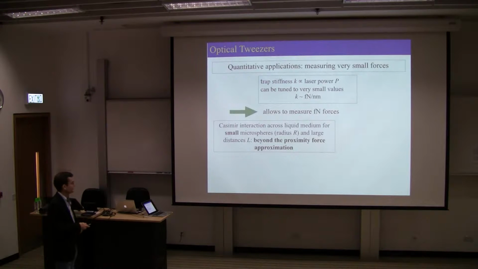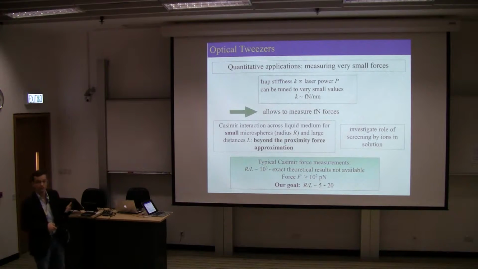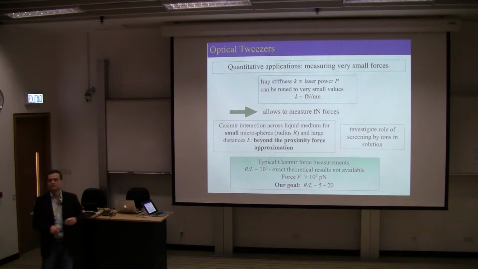So that would be interesting. Typically experiments that we have been listening to those last days have this ratio between radius and distance of the order of 1,000 or larger. And our goal is to have this aspect ratio several orders of magnitude smaller, right? So we will be well beyond the validity of the proximity force approximation.